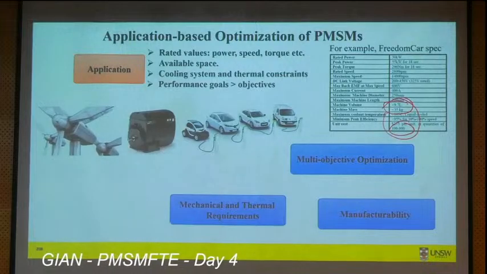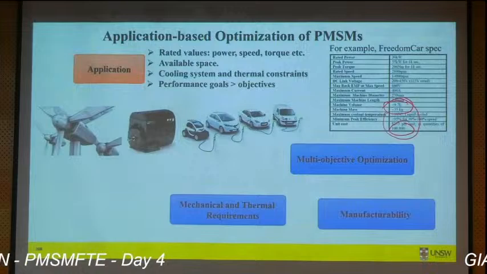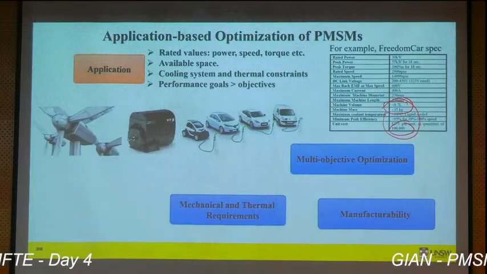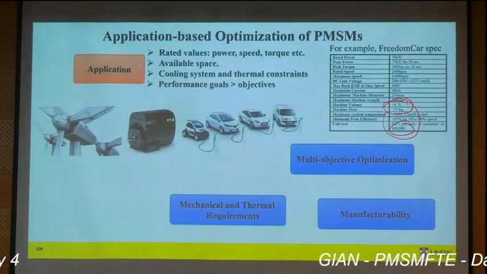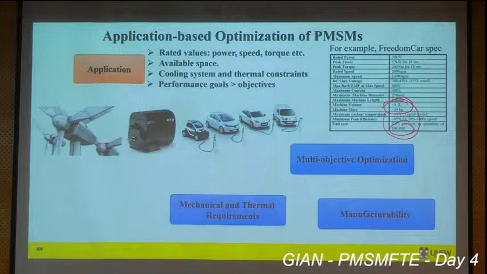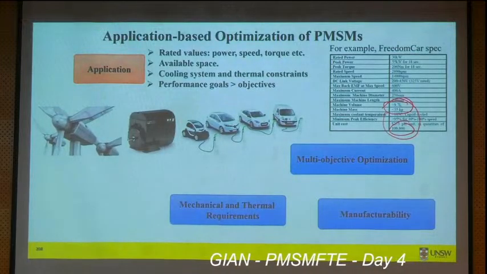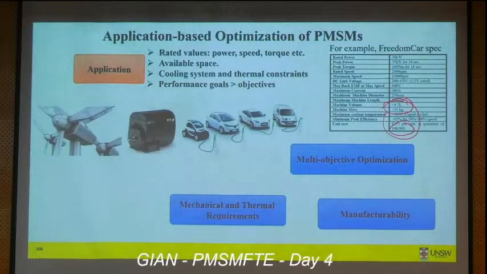Therefore, it's a kind of trade-off between each other as well. And then on top of that, we have the limits, such as thermal limit or mechanical limit that we talked about in last lecture. And then the design must also be manufacturable. So these all need to be considered during this optimization process.